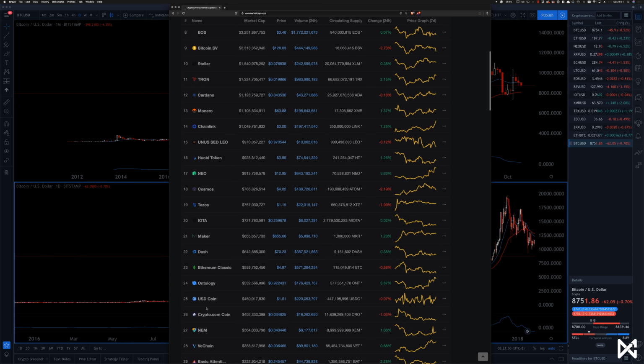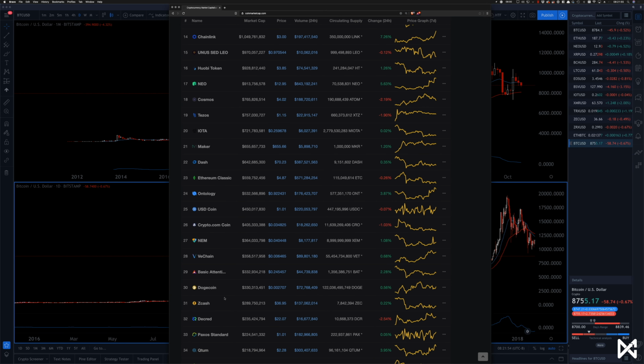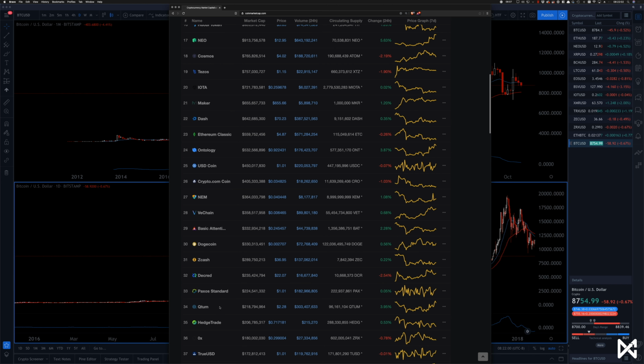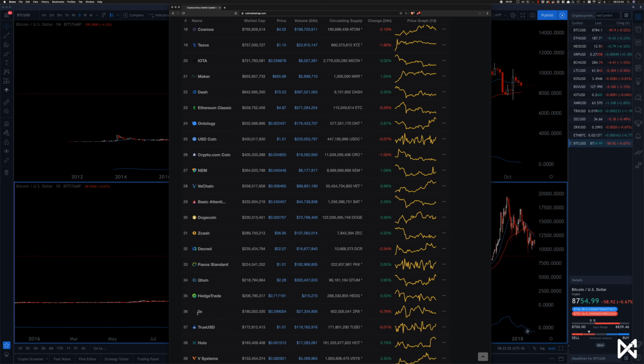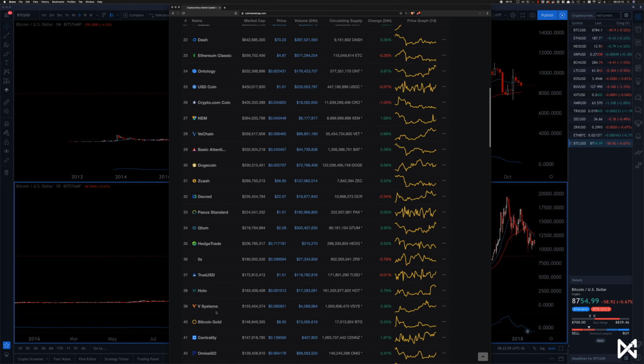Dash, Maker, and so on. Zcash is kind of an interesting one that you might also want to look into. And the 0x protocol. There are a lot of different cryptocurrencies that you might want to get familiar with.